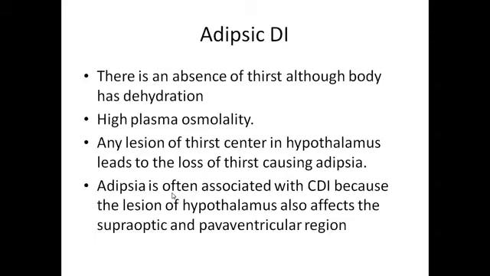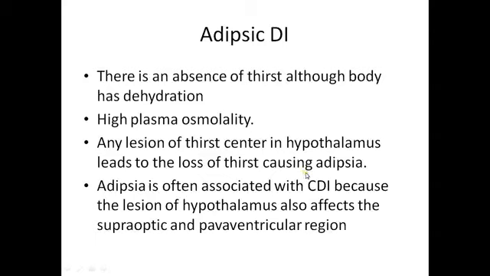Adipsic: there is an absence of thirst although the body is dehydrated. The patient is dehydrated, but still is not able to take fluid. He doesn't feel thirsty, and this is because of a lesion of the thirst center in the hypothalamus, which leads to loss of thirst.